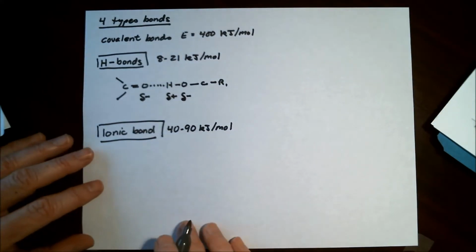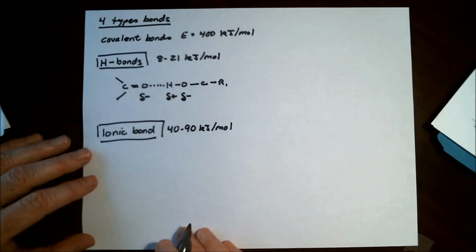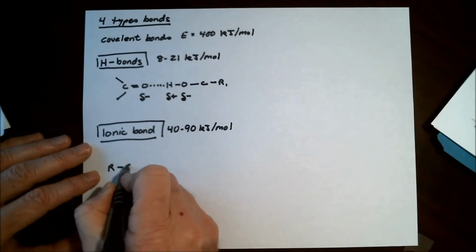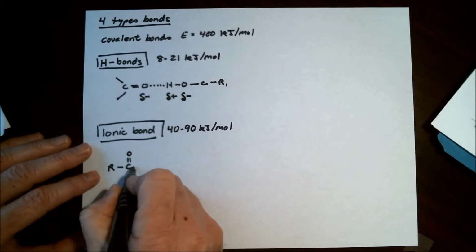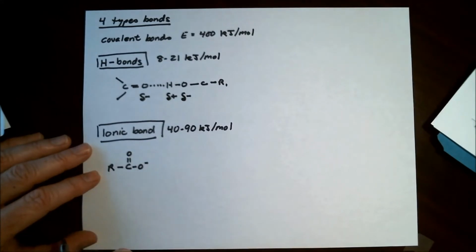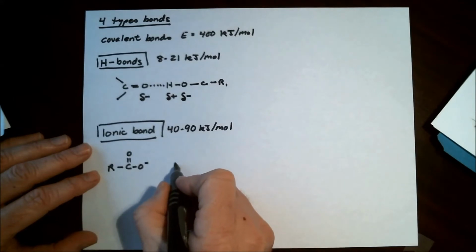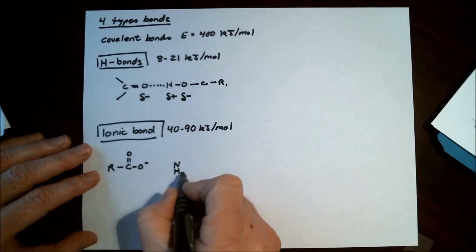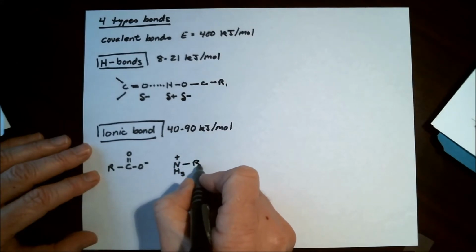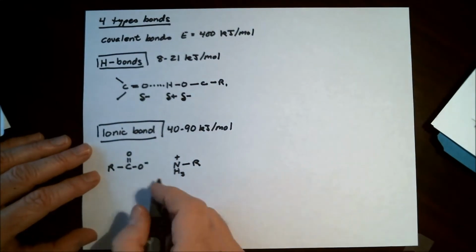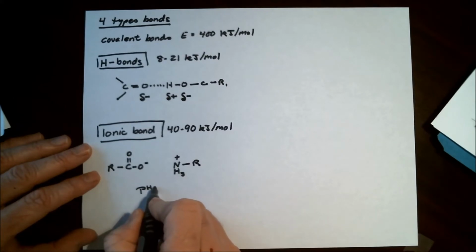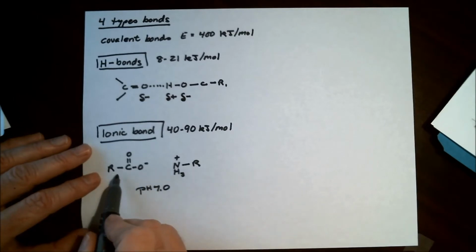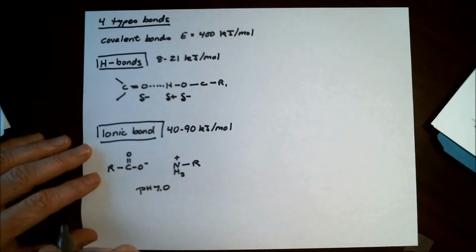And again, this type of bond is due to the interaction of two charged groups. So for example, if we happen to have a carboxylic acid and we have a primary amine, if we happen to be at neutral pH, we'll talk about this more when we do titration studies, the carboxylic acid will be in a negative charge.